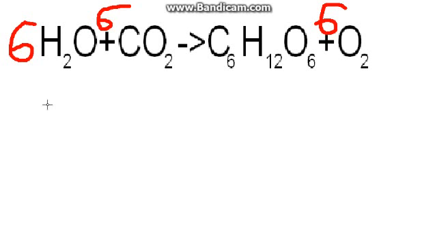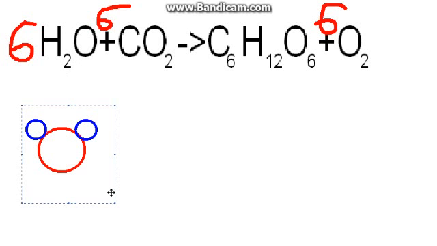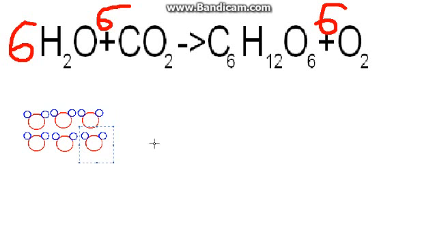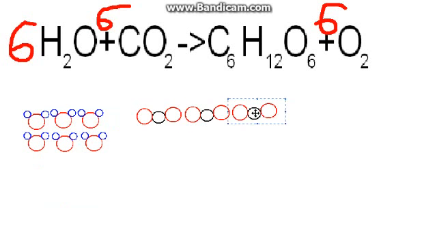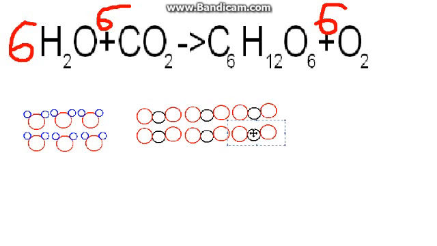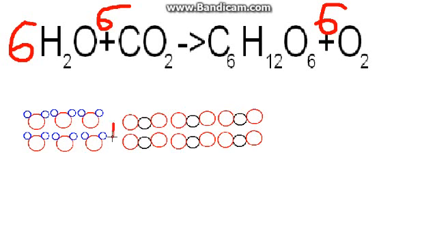First of all, we need to draw 6 H2Os. I said 6 H2Os. Now we need 6 CO2s. 1, 2, 3, 4, 5, 6 CO2s. Now we gotta somehow make this all into one glucose molecule and 6 O2s.